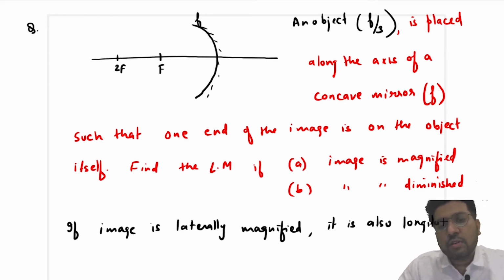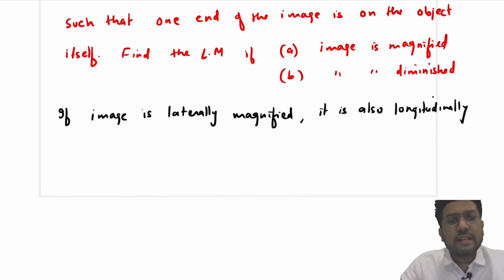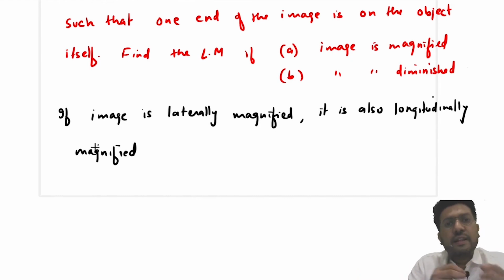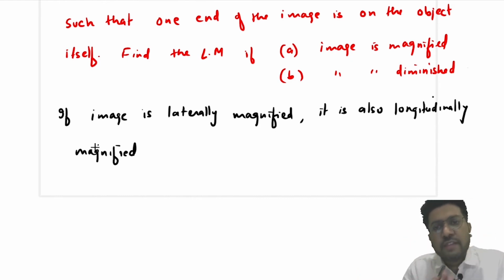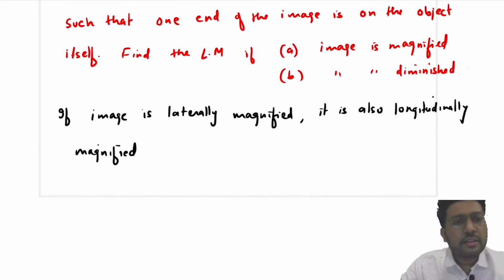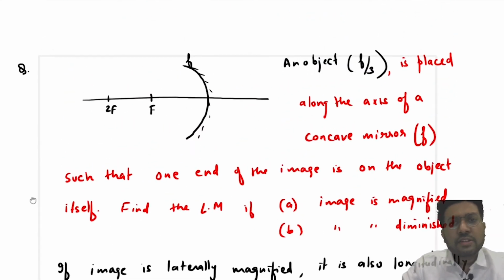So if an image is laterally magnified, it is also longitudinally magnified. That means beyond 2f the image will be longitudinally diminished, and between f and 2f the image will be longitudinally magnified, same as lateral magnification. Okay, now what is given in the question, let us read again.